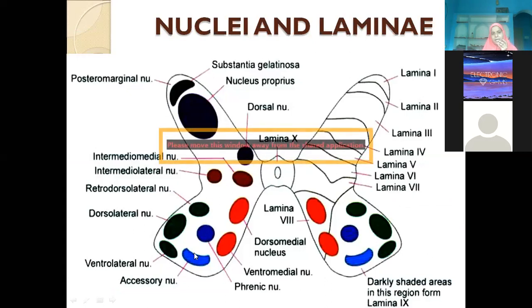Ascending and descending tracts will generally start from any of these nuclei. What are the various nuclei we have? Like ventrolateral, accessory nucleus, but still you practice this. All these nuclei: posterior marginal nucleus, substantia gelatinosa, nucleus proprius. So these are all the nuclei we see in the gray matter of spinal cord.